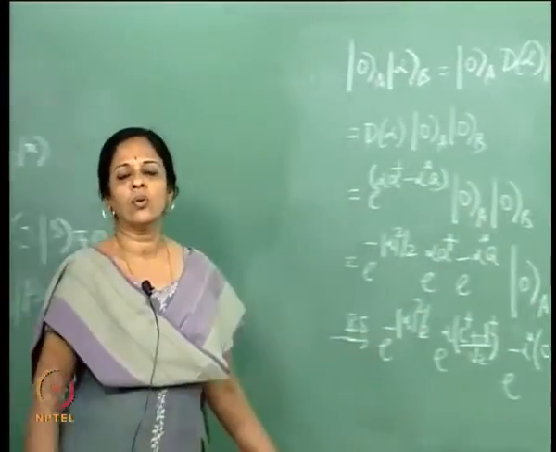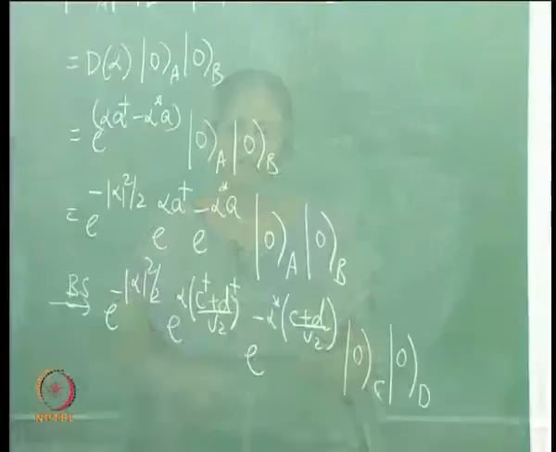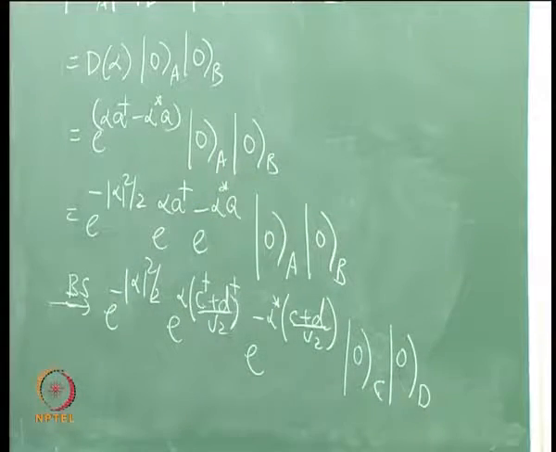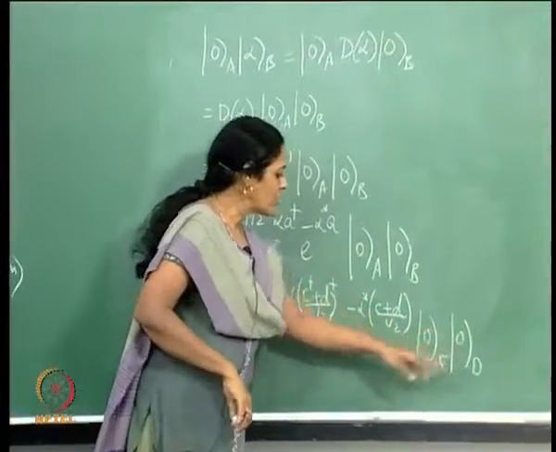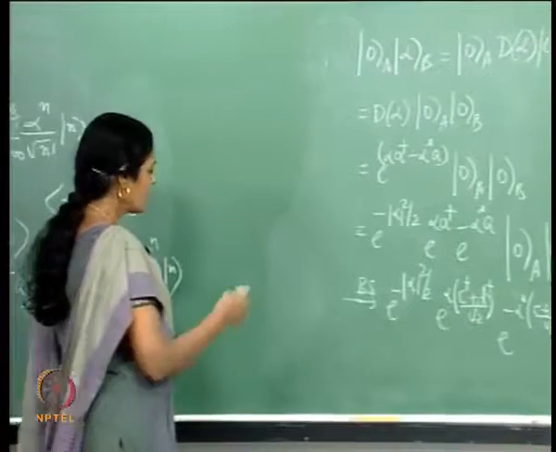Now, I am looking at the whole system from the point of view of the output ports, that is in terms of operators c, d, c†, d†, and the basis states there, that means ket 0_C, ket 0_D and so on. So, this is what I have.